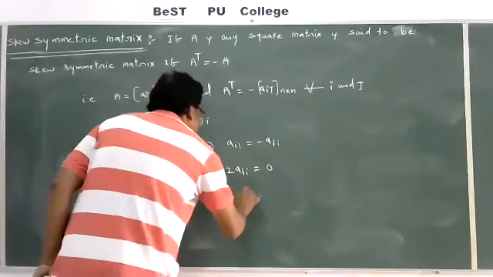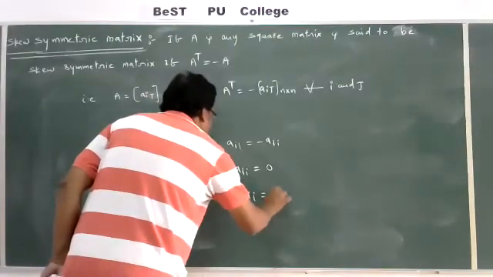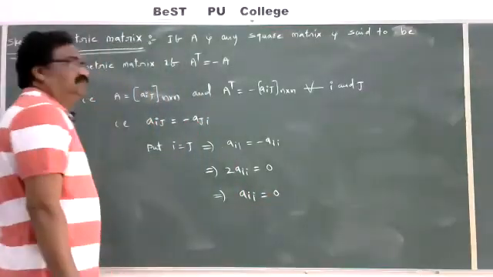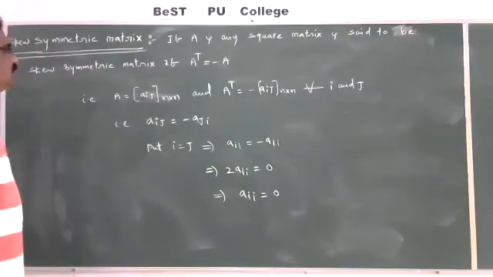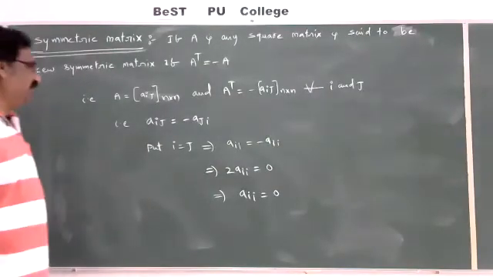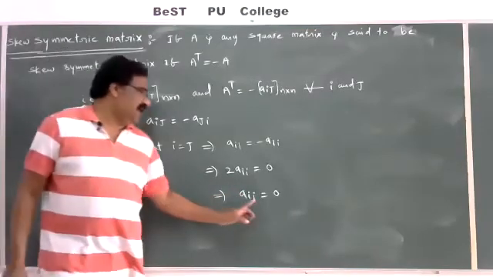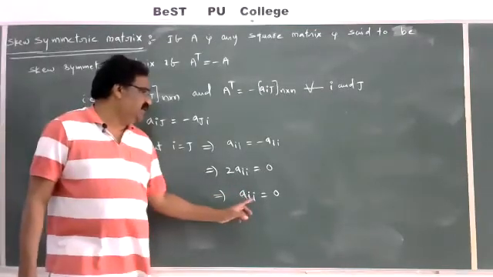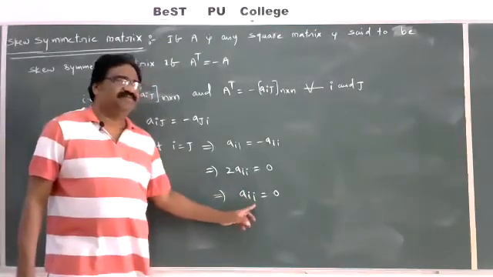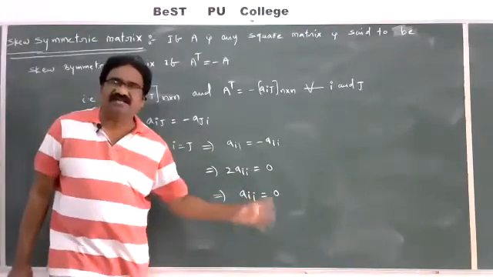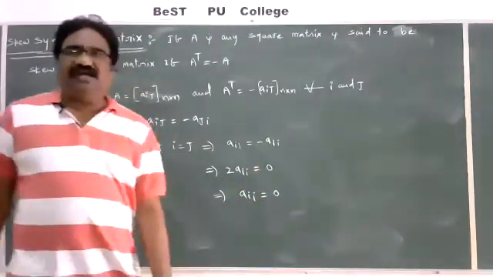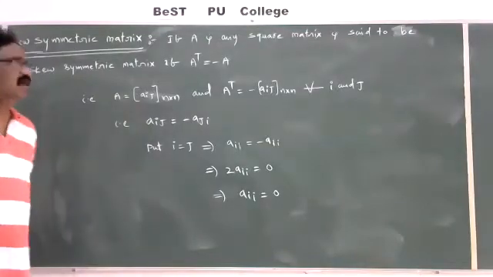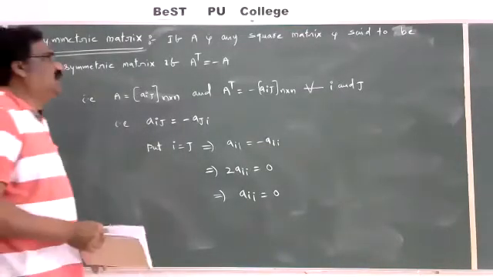That implies Aii is equal to 0. That means in a skew symmetric matrix, the A11 element, A22 element, A33 element, all principal diagonal elements are zeros.